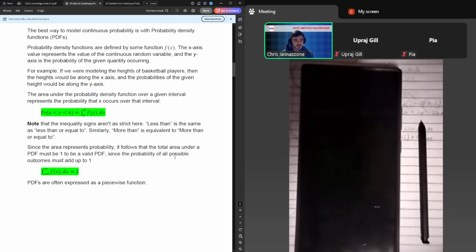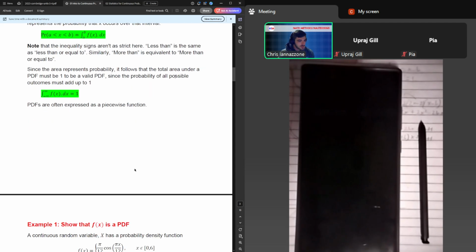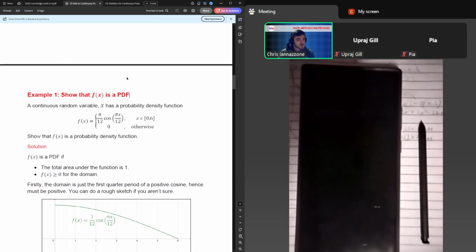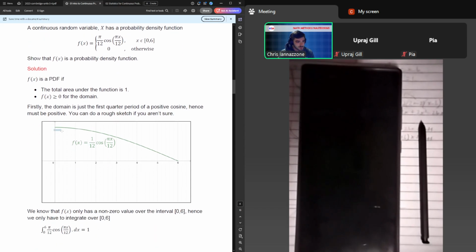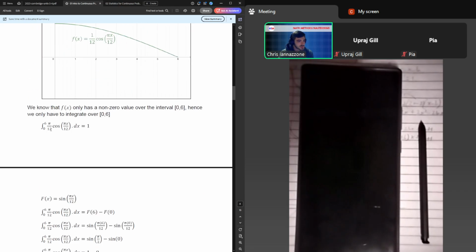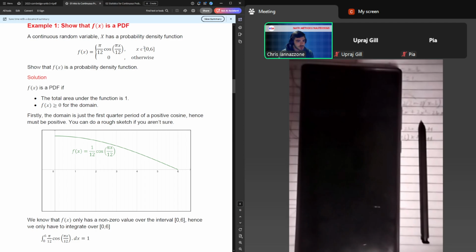So if you ever want to prove that you have a probability density function, then you want to prove that the area under the curve is equal to 1. There's a bit more to it than just that, but that's what it ends up being in the vast majority of cases. You just want to prove the area under it is 1. And so again, if you want to prove the area under it is 1, then you do your definite integral over the full domain.